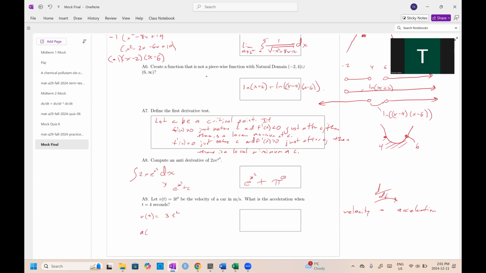So a of t equals 6t. It's asking, what is the acceleration at 4 seconds? So a of 4 equals 6 times 4, which is 24. So it's 24 meters per second squared.